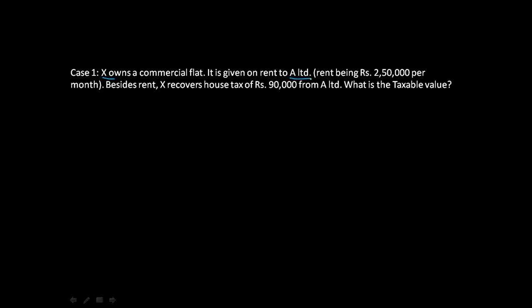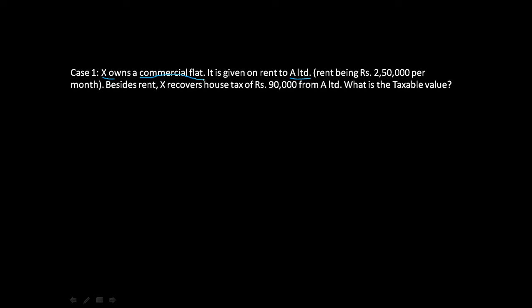Now we have seen previously that if a flat is given out on rent, that is excluded from being a supply, but only if it is residential. Over here the question tells us that this flat is a commercial flat. So it will come under the purview of supply, and thus GST would be charged upon it.